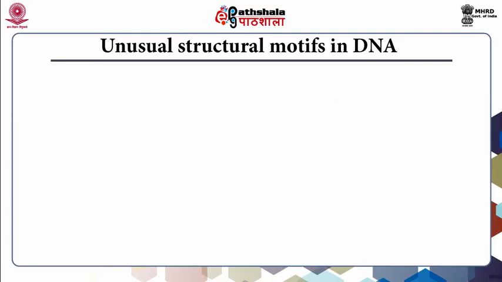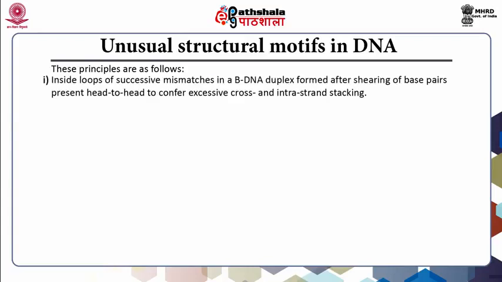So, for the unusual structural motif in DNA, there are certain general principles which are as follows. First, internal loops of successive mismatches in a B-DNA duplex are formed after shearing of base pairs present head to head to confer excessive cross and intra-strand stacking.